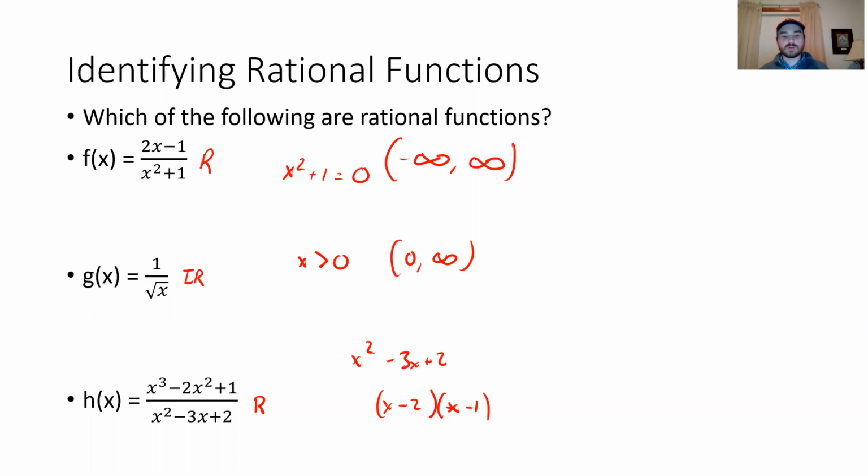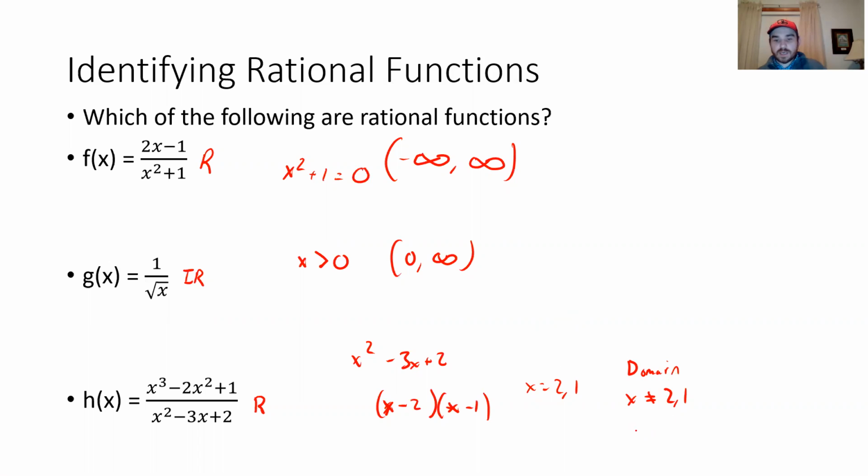So this is the factorization of this quadratic, which means that x equals 2 and 1. These are the zeros, so these are the exact opposite of what actually works for our domain. So our domain here would be x does not equal 2 or 1.